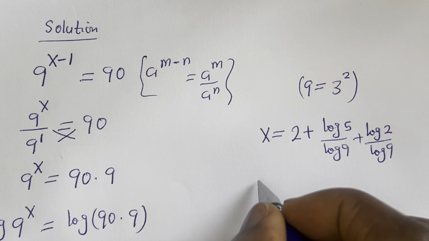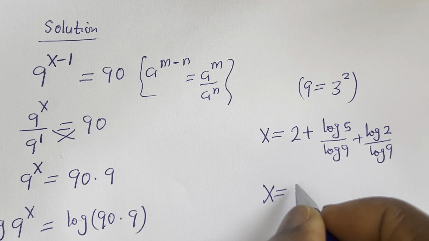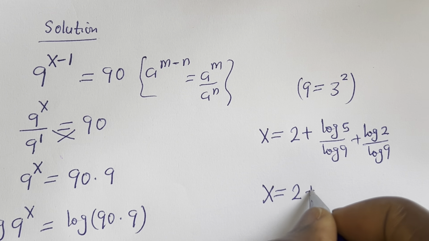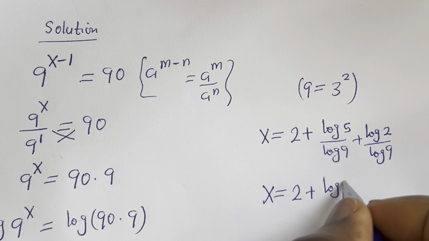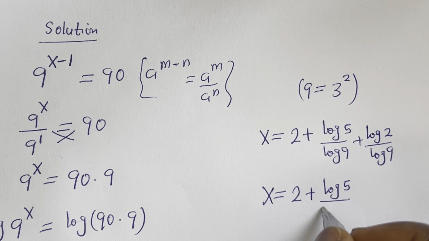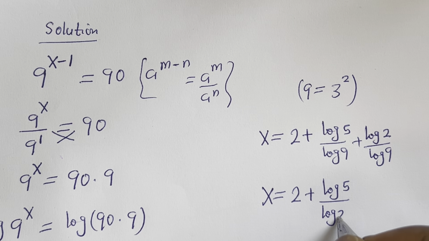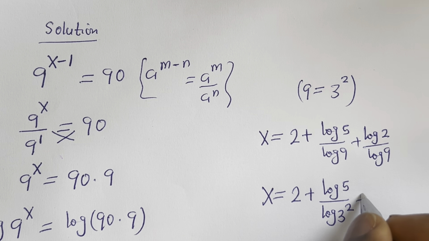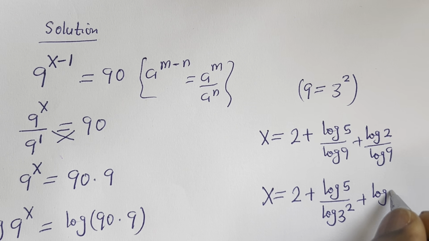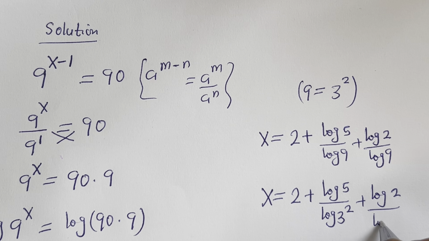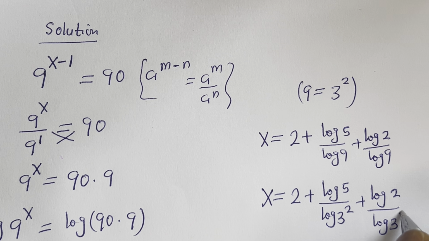Then we have x is equal to 2 plus log 5 over log 3 squared plus log 2 over log 3 squared.